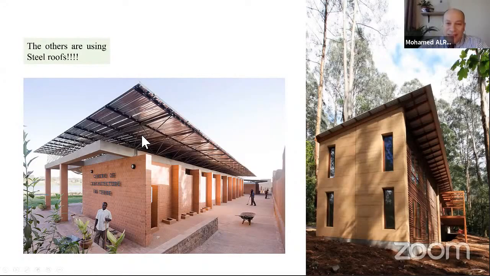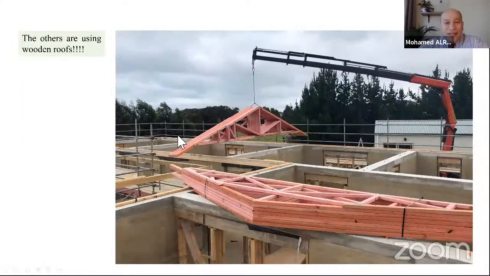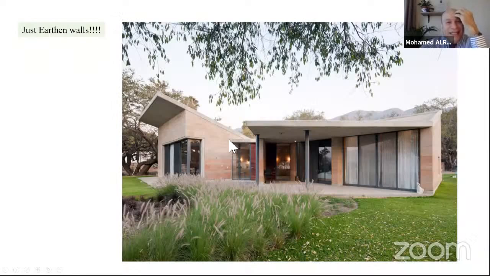from outside countries. Some of them even use sophisticated space trusses made of wood. And at the extreme, some show that the walls are the only element composed of earth material.